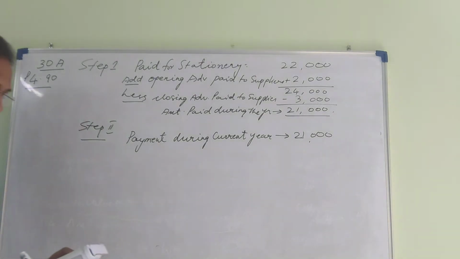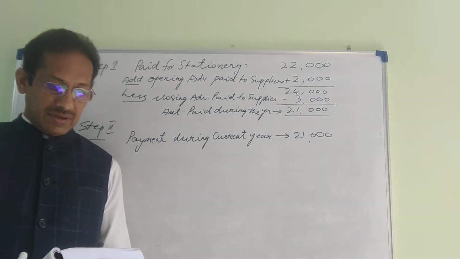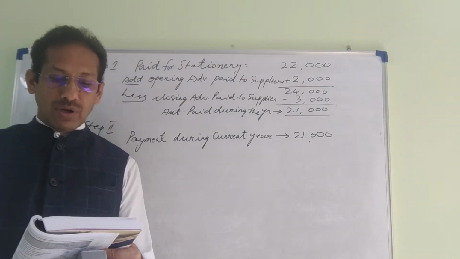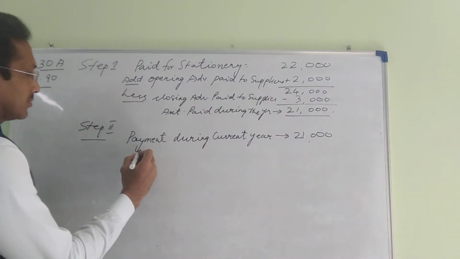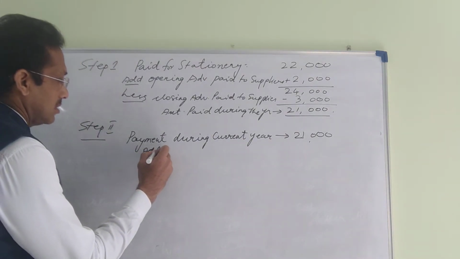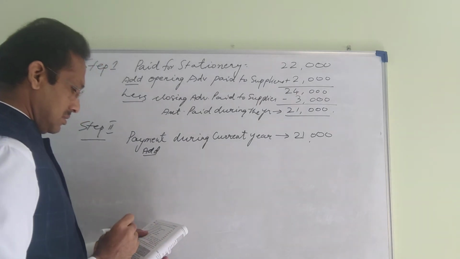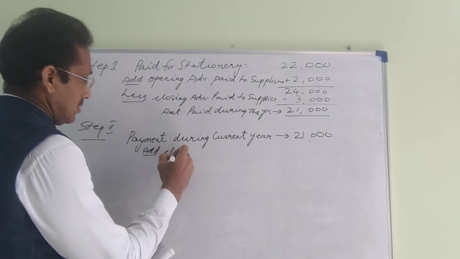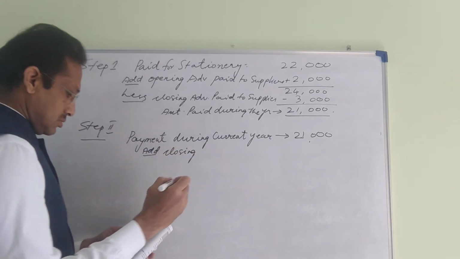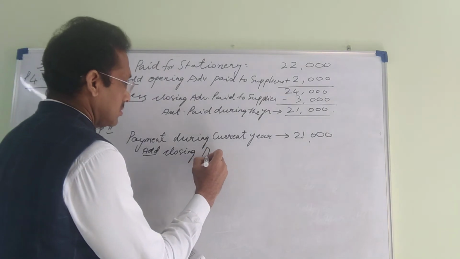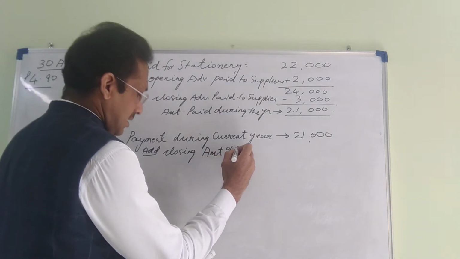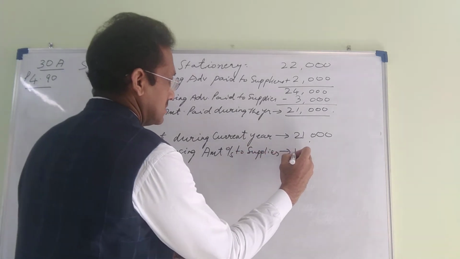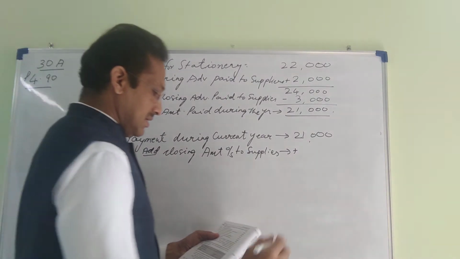Okay, so what about the creditors? We will add the closing amount outstanding to suppliers, that is 5,000.